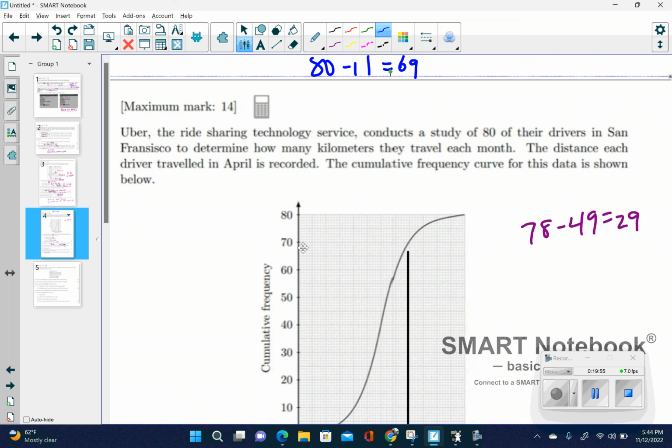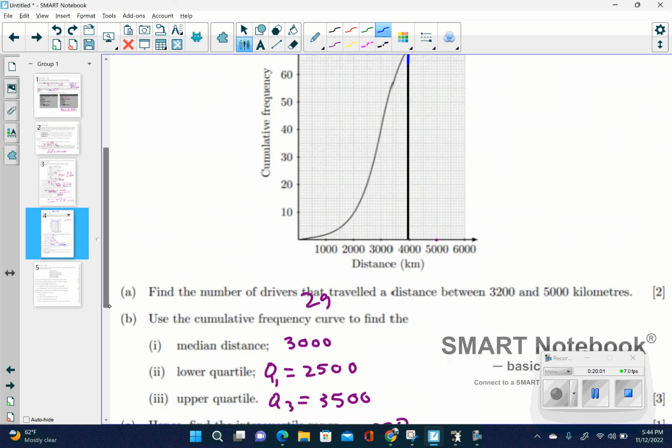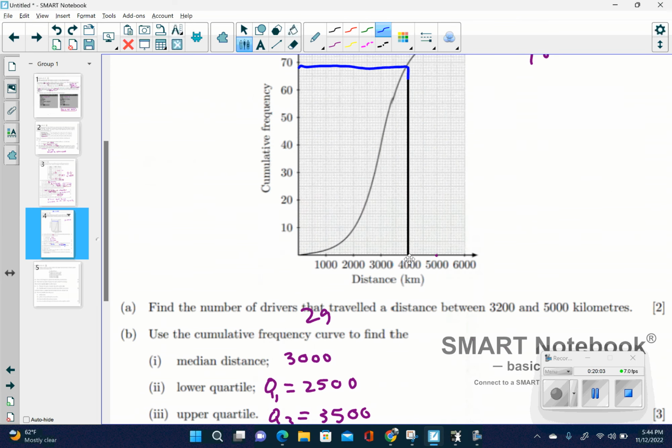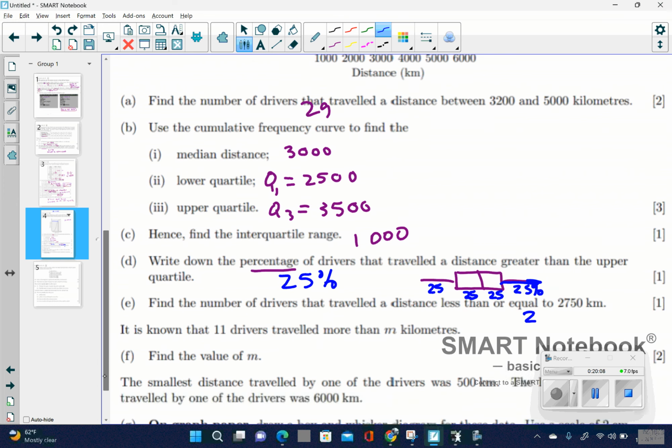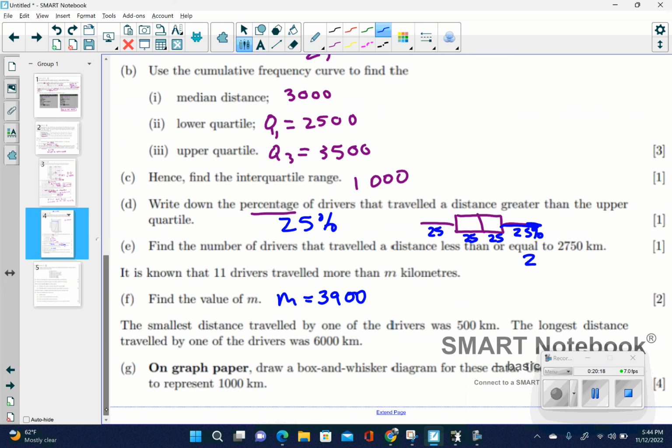So if I look across where 69 is, and again, you want to try to be as exact as possible, that is a little bit shy of 4,000. So the answer for the value of M is going to equal about 3,900, because again, it is almost 4,000, but it's a little bit less.